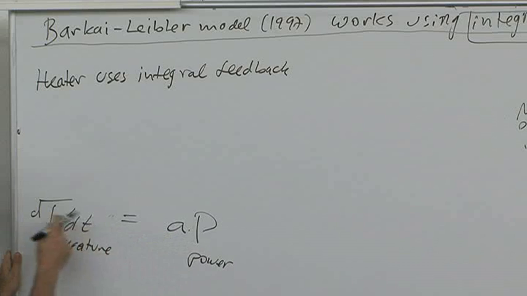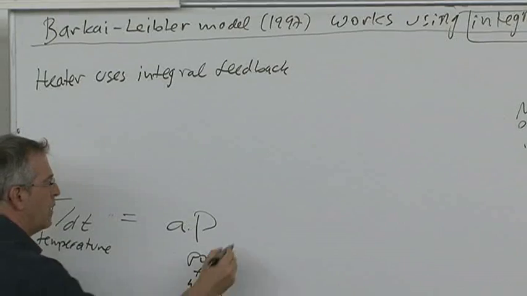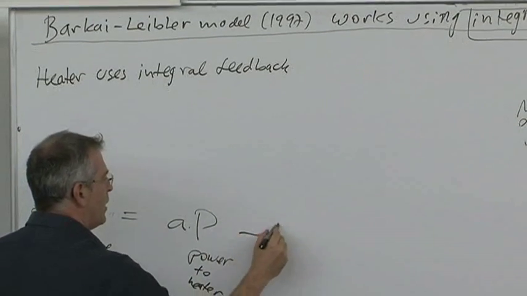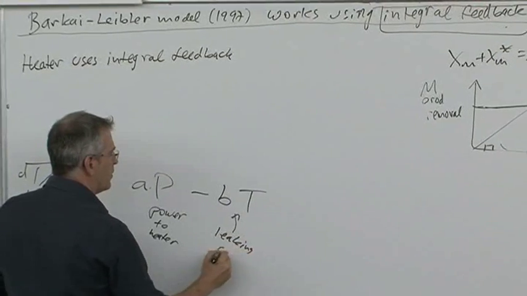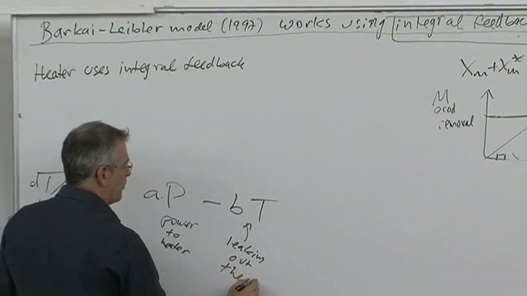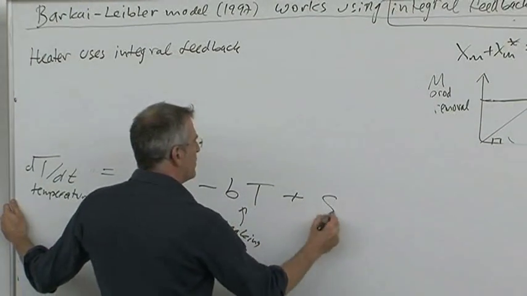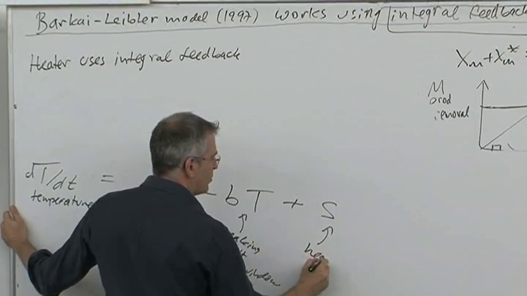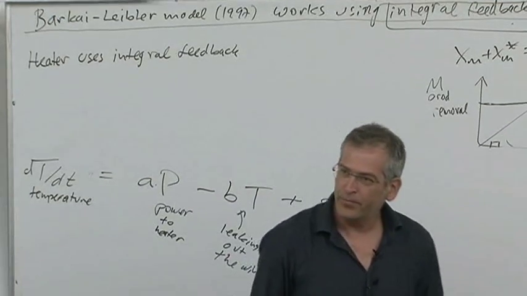So the more power, the more temperature increases, right? Power to the heater. And maybe I open a window. So this is leaking out the window, right? And maybe I add here another, let's say, heat sources. Let's say all the people in the room, each one has 100 watts, you know?